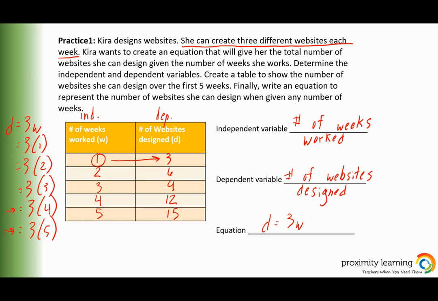And that actually answers our question for Kira. Now that we've created a table to show the number of websites she can design over the first 5 weeks, we have our independent variable, our dependent variable, and our equation. So that is independent and dependent variables when you are considering word problems.